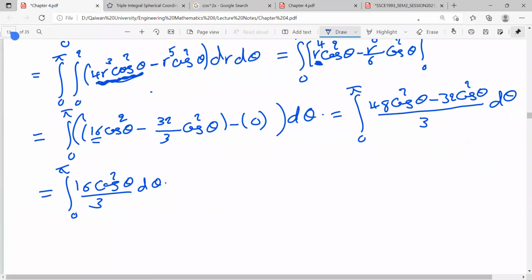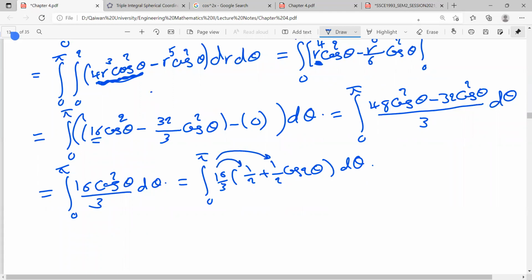Here it equals the integration from 0 to π for 16 over 3, which is a half plus a half of cosine 2θ, then dθ.